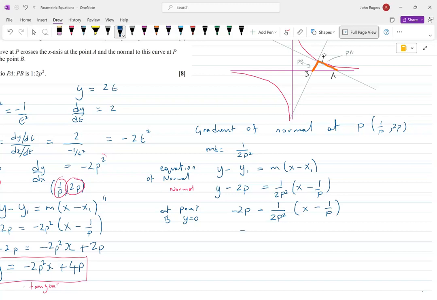Multiplying that out a bit, I get minus 4p cubed is equal to x minus 1 over p. So I have x is equal to 1 over p minus 4p cubed. It doesn't look very promising, but I think hopefully it will simplify. So there we have that expression. Now I'm going to write that over a common denominator, over p.